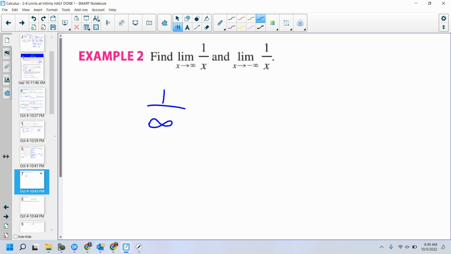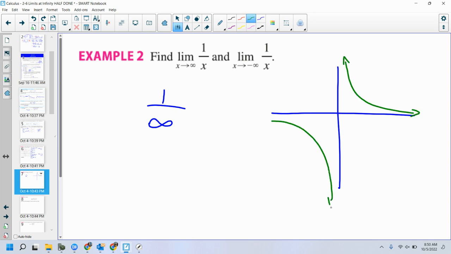Well, first off, is it continuous? Is 1 over x continuous around a? Well, a is infinity. Is it continuous all the way to the right side? Think about the plain old function 1 over x, that's something looking like this.